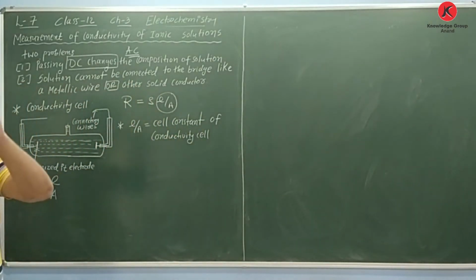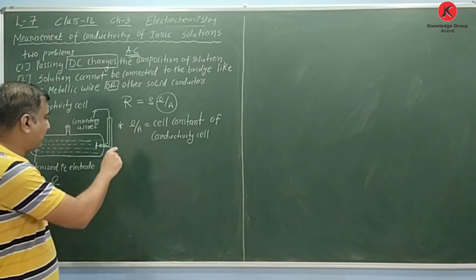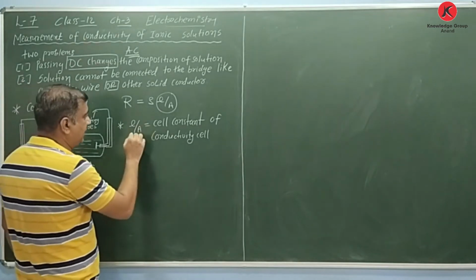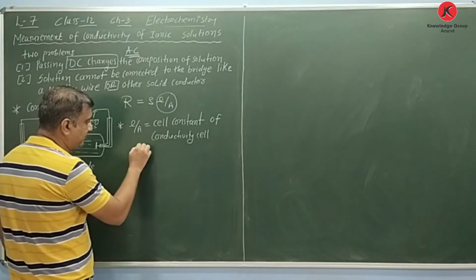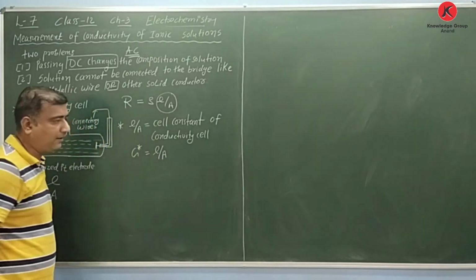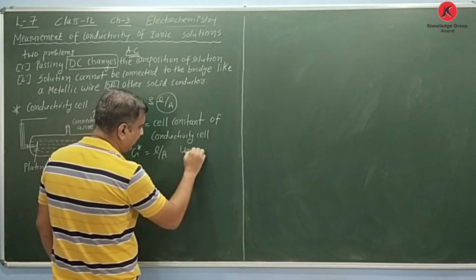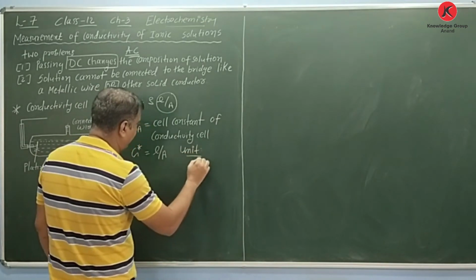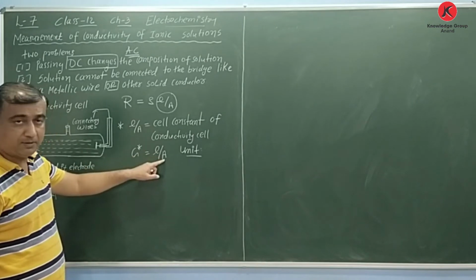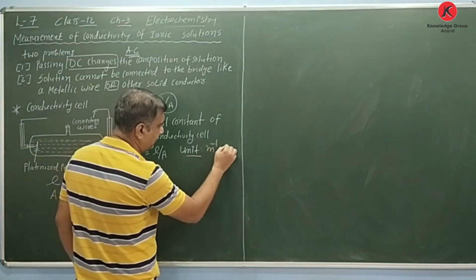Different conductivity cells have different values of cell constant because the arrangement will be different. Now the cell constant has the symbol G star, so G star equals L by A. Now what is the unit? Suppose L is in meter, then the unit will be meter per meter square, that means meter inverse.